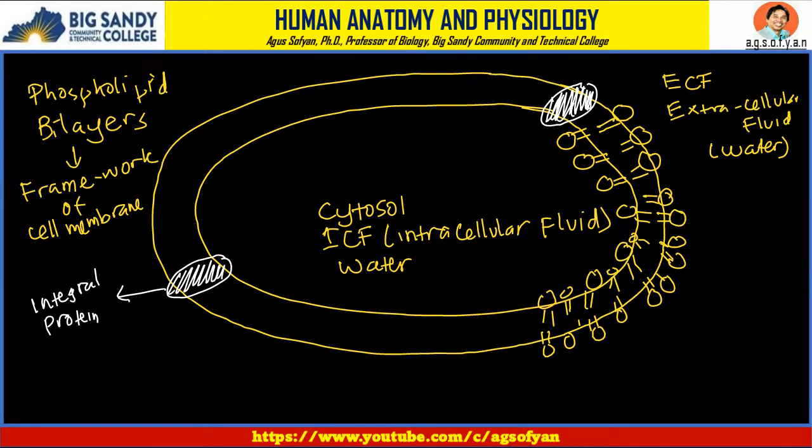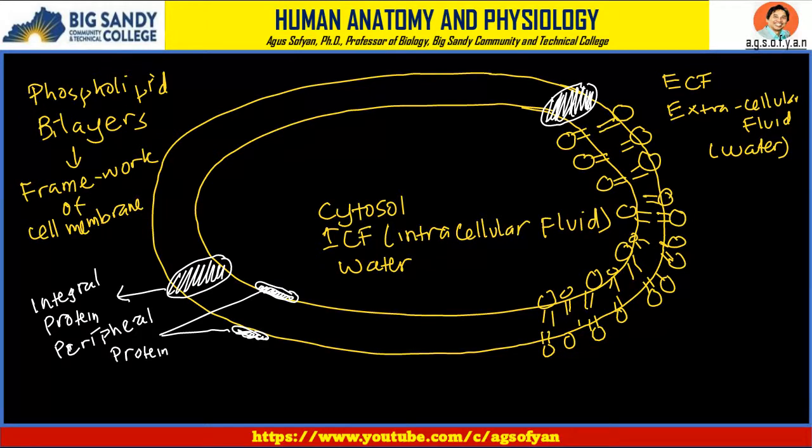And the second type of protein is the protein that does not cross the cell membrane, maybe just present inside or just outside. So this protein is called the peripheral protein.